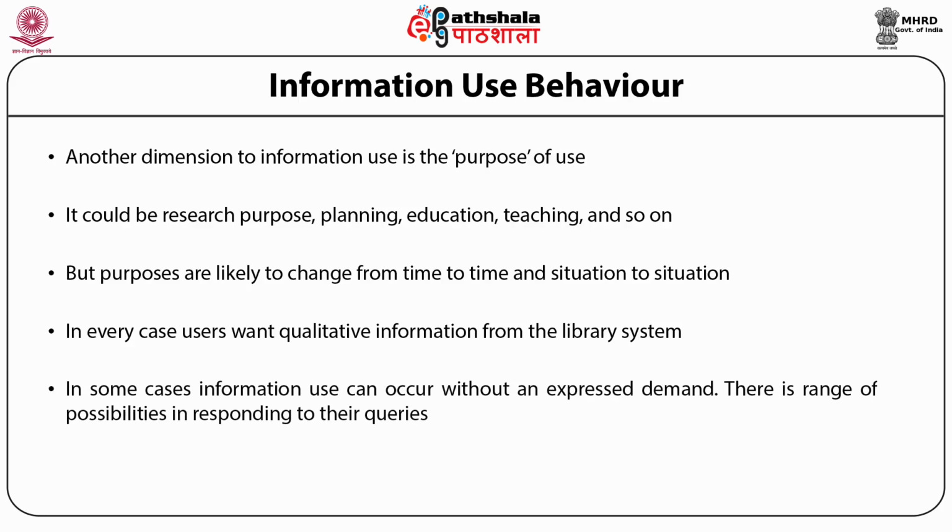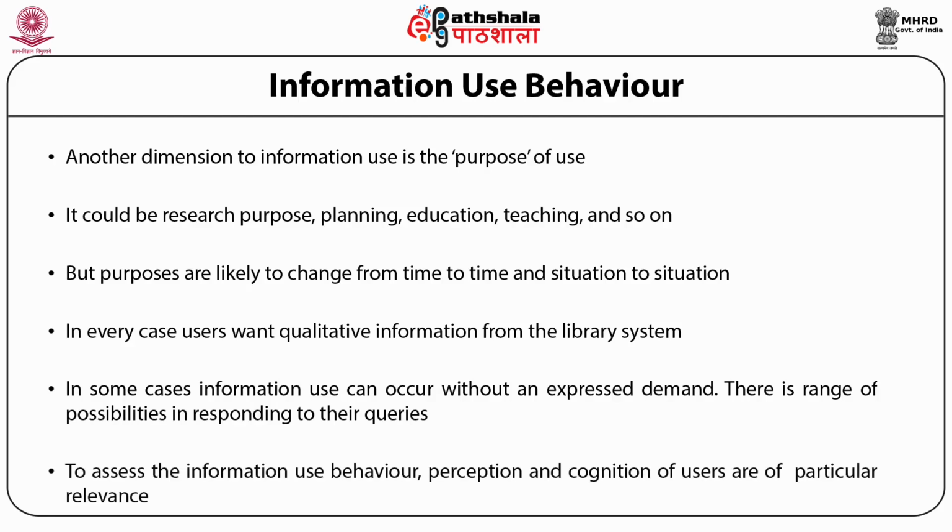In some cases, information use can occur without an expressed demand. There is a range of possibilities in responding to the queries of users. This range changes with the array of queries asked by the users.